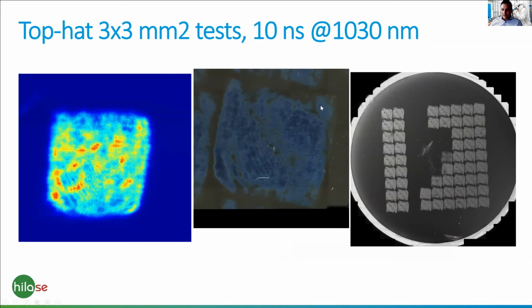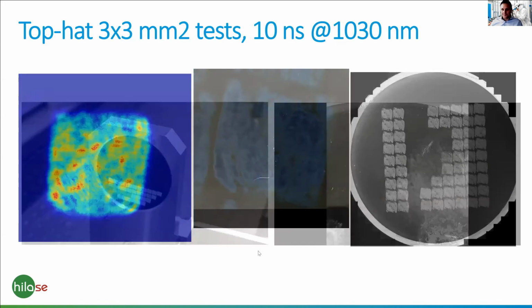This is our top hat, and these are the results you are getting out of it. So we can basically combine the raster scan and S-on-1 kind of test to see the performance of the optics.